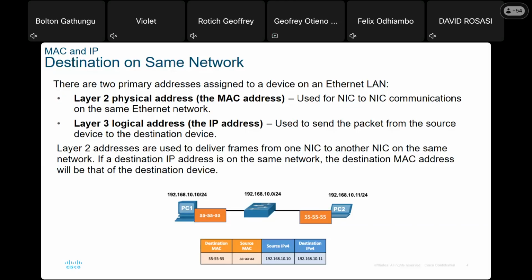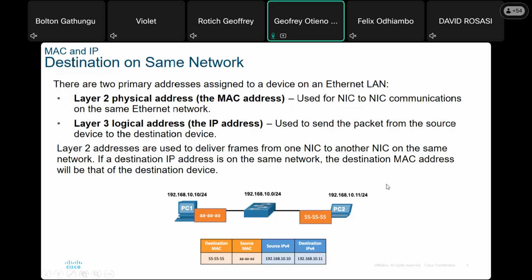So the MAC addresses are used to deliver a frame from one NIC to another on the same network. If your destination is on the same network, then the destination MAC address is what will be used to deliver that frame or that particular packet within the same network.